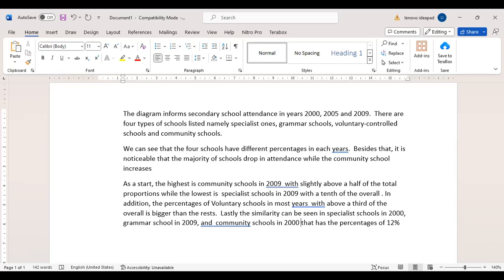And then 12%, it's not exactly 10%, so you can say around a tenth of the total.